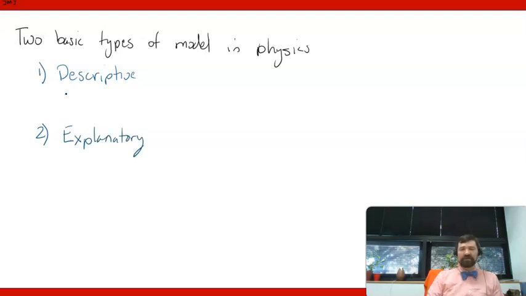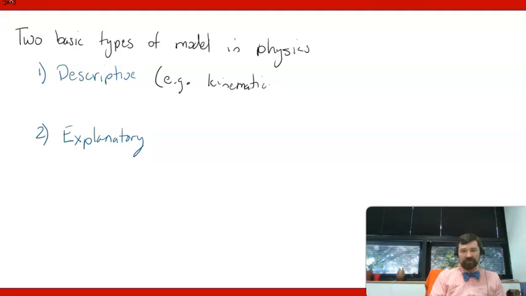Explanatory models are usually things like the theories. Newton's force laws are theories that are built along explanatory models. They try to tell us why does something happen this way, not simply what has happened and what does it look like. So, we begin with descriptive, which is like kinematics.